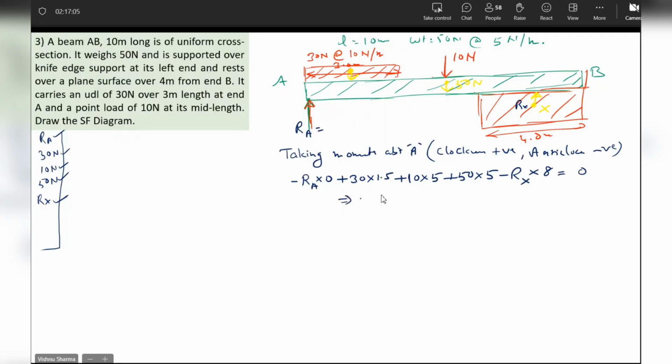If you solve this, can you get Rx? Beta, please use your calculator and get the Rx. Let me also put on the calculator. 30 into 1.5, 45, plus 50 plus 250 divided by 8. 31.25, guys, am I right?